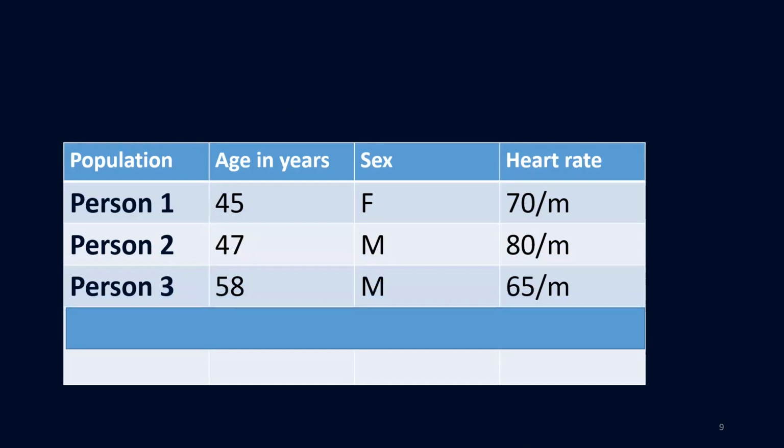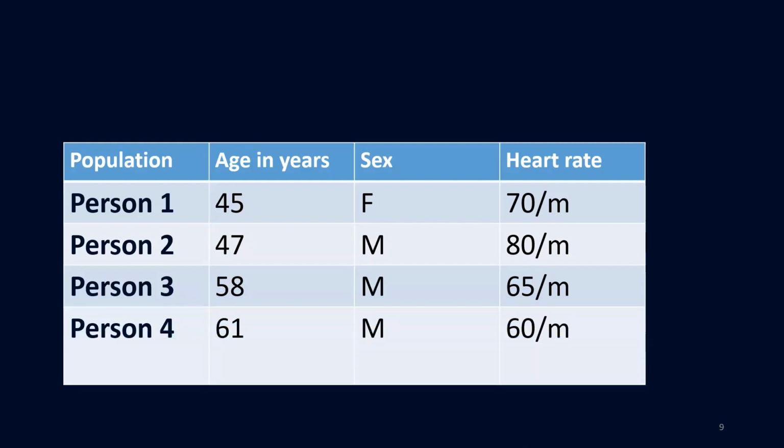The third person is a 58-year-old male, his heart rate is 65 beats per minute, whereas person 4 is a 61-year-old male, and the heart rate is 60 per minute. So in this example, age in years is a variable, sex is a variable, heart rate is a variable.